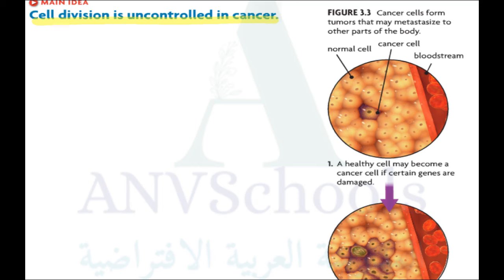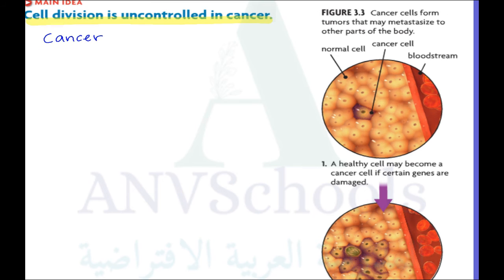When we were looking at cells, we saw that cells go through cell cycles, and cell cycles are controlled. We also saw that we have programmed cell death, which is apoptosis. But what we want to see now is what we call cancer.